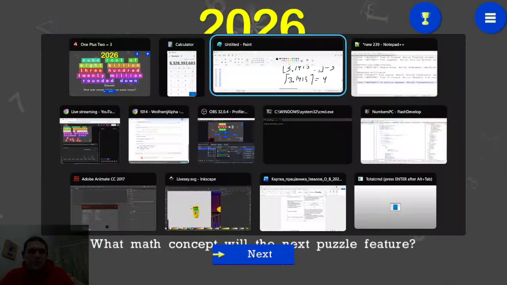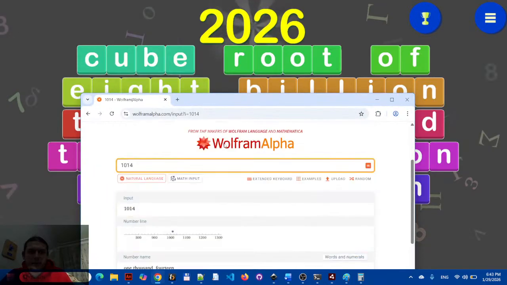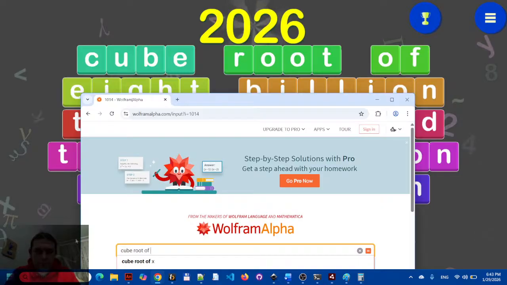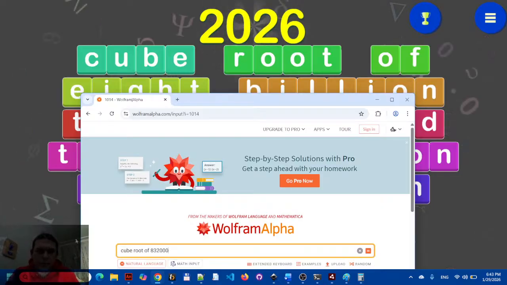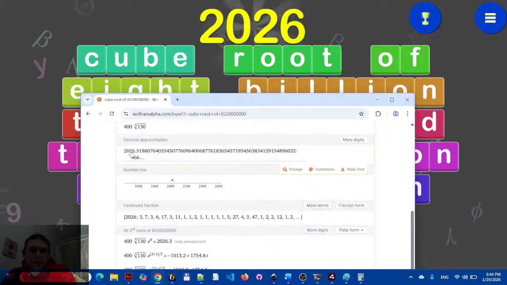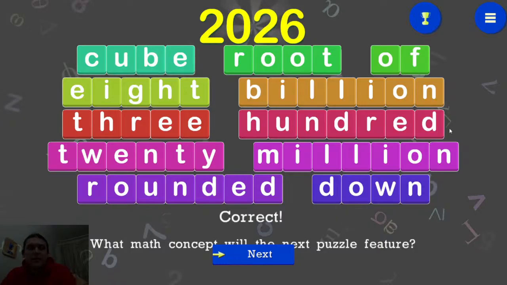We can go to, let's say, Wolfram Alpha, and find the cube root of 8 billion 320 million. So how much do we have? It is 2026.3. So if we round down, we get 2026.